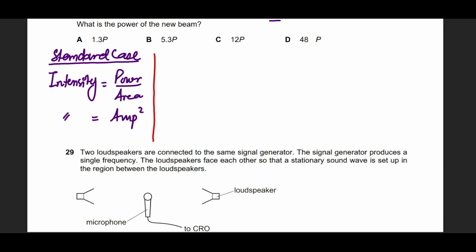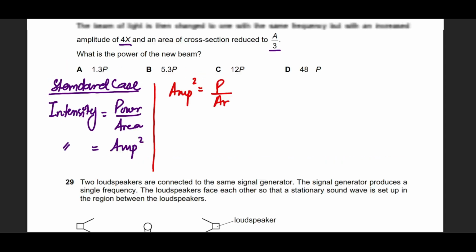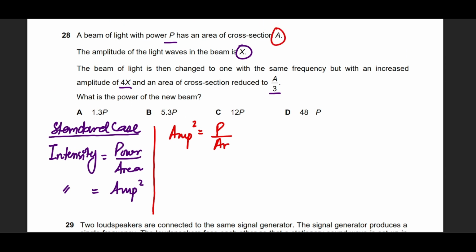Amplitude squared is equal to power divided by cross-sectional area, and that area is given to us as A. So X square equals P divided by A. So P is actually equal to AX square. This is my standard comparison.